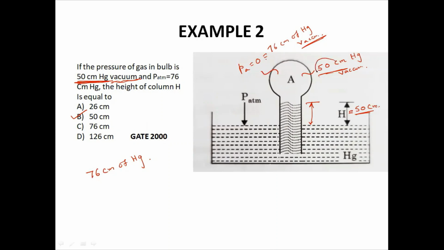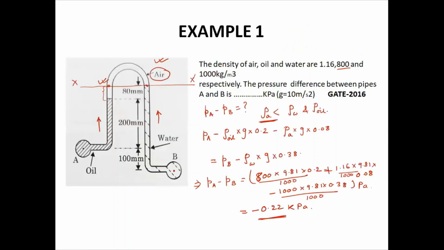If it is 50 centimeter of Hg vacuum, the height will be 50. In terms of vacuum, we are telling from the atmosphere how much it is down. Whatever the vacuum, the same height will be reached. That is the concept here.